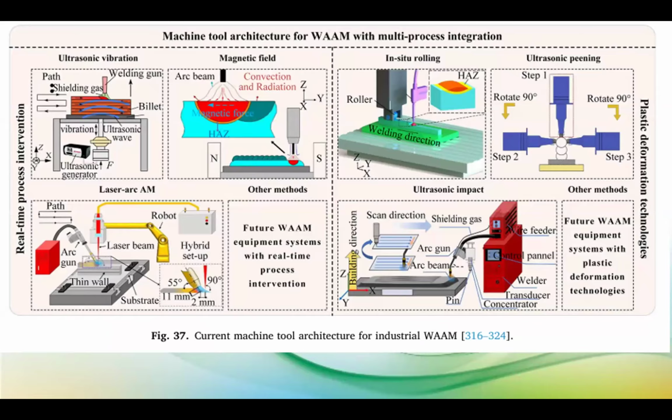So here, one major method suggested for VAM is ultrasonic vibration. During the VAM process, that is during the building process, the bed of that particular substrate will be vibrated using some ultrasonic vibration generator, or it can be a normal vibration or ultrasonic vibration.